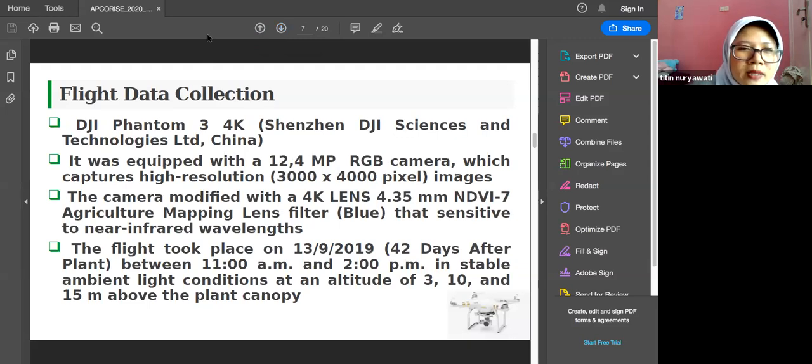It used a DJI Phantom 3 4K, equipped with a 12.4 megapixel RGB camera which captures high resolution 3000 by 4000 pixel images. The camera was modified with a 4K lens and is sensitive to near infrared wavelengths. The flight took place on 13 September 2019 between 11 and 2 p.m. in stable conditions at altitudes of 3, 10, and 15 meters above the plant canopy.